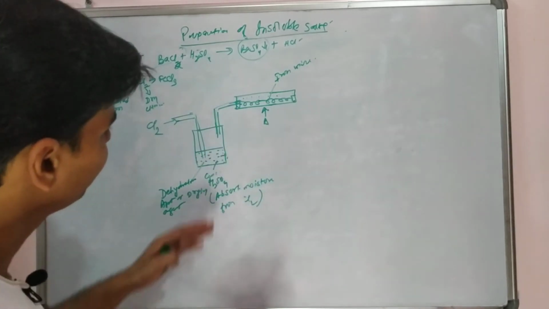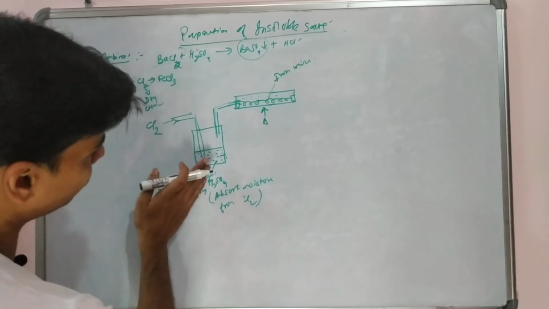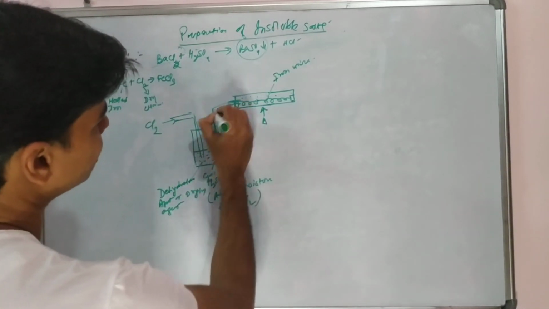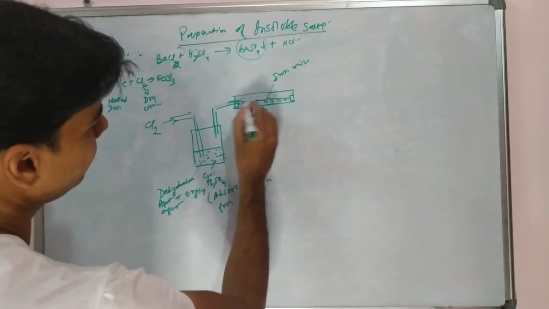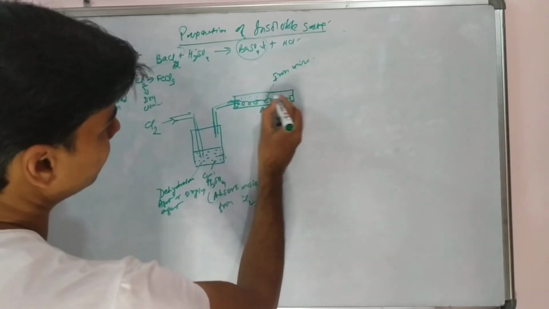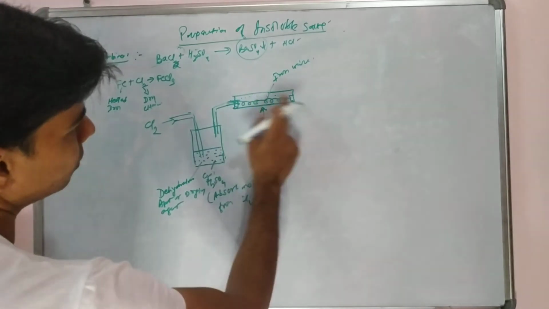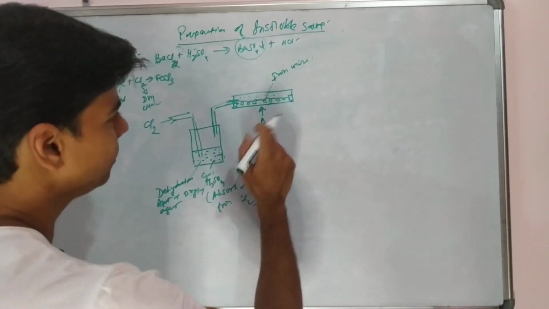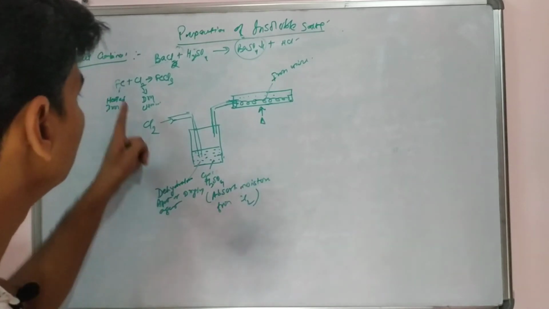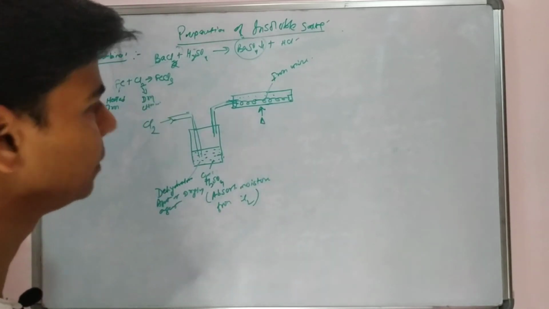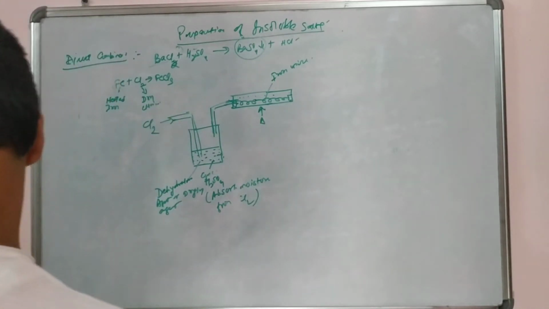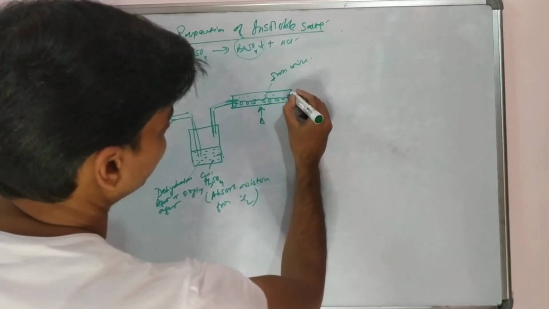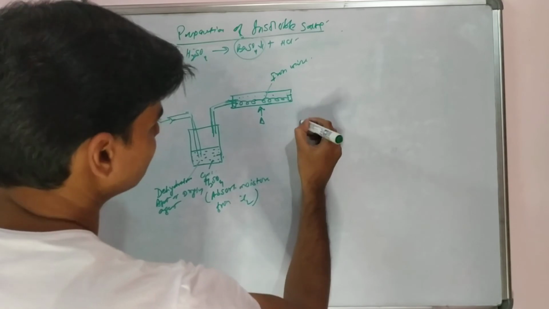So the chlorine that comes out of this will be free of moisture, and this tube is connected here, and we are passing chlorine over this heated iron, and this heated iron will react with chlorine to give you ferric chloride, which is a salt, an insoluble salt. So ferric chloride will condense.